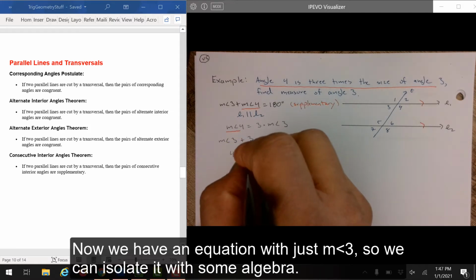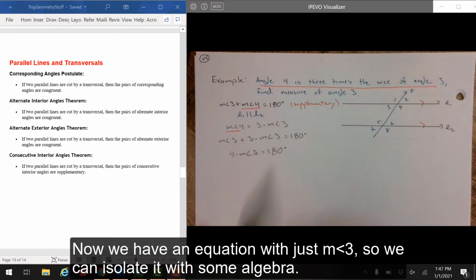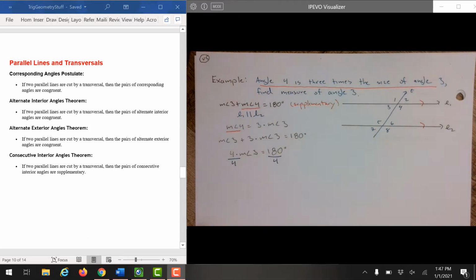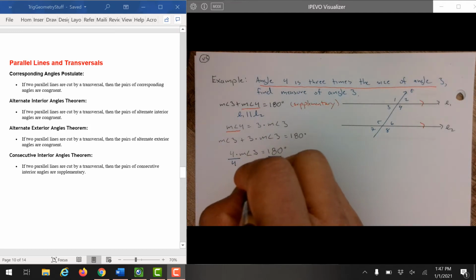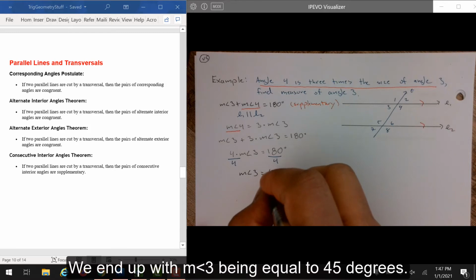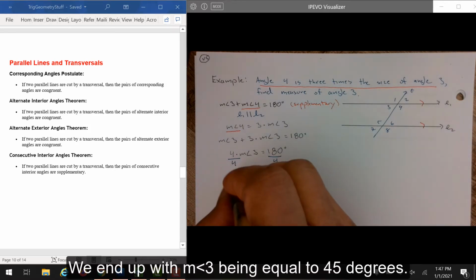Now we have an equation with just the measure of angle 3, so we can isolate it with some algebra. We end up with the measure of angle 3 being equal to 45 degrees.